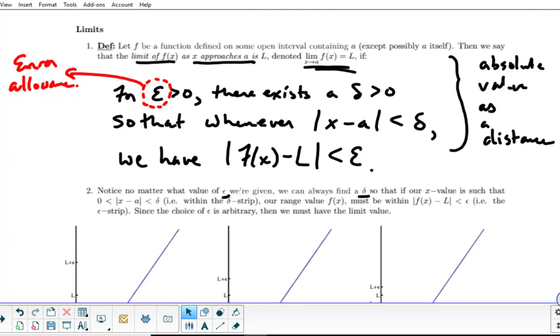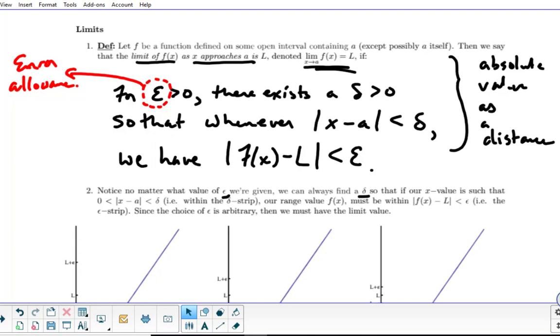So somebody specifies, say, I want you to get within 1/1000th of the true answer. I want you to get within 1/1,000,000,000th of the true answer. Somebody specifies that error tolerance to you. You say, fine, we can get within that error tolerance, provided we get within this close of the limiting value. We plug in numbers this close to the limiting value. Let's read this expression here then.